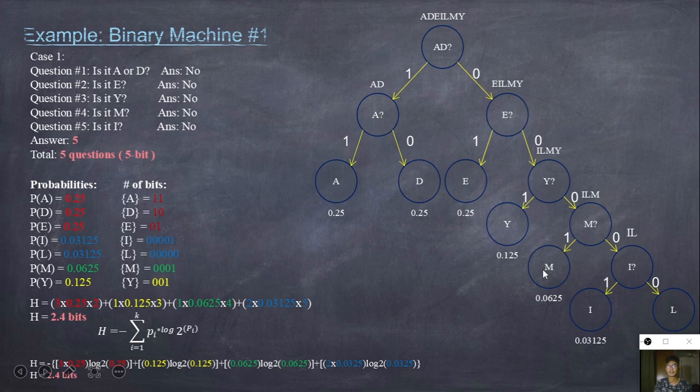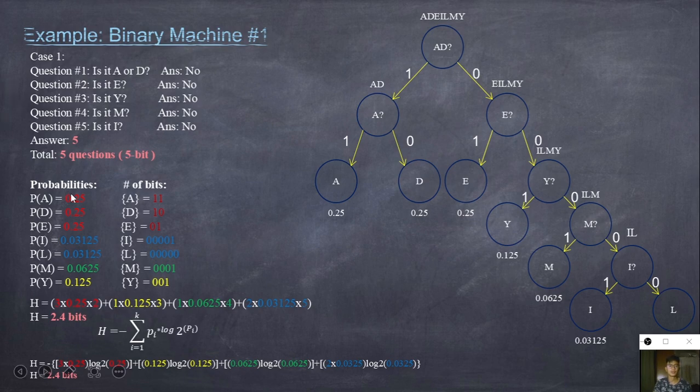For yes, the answer is M. For no, is it I? For yes, we predicted I, and for no, we predicted L. So we go to this path. The total is 5 questions, and that's 5 bits.